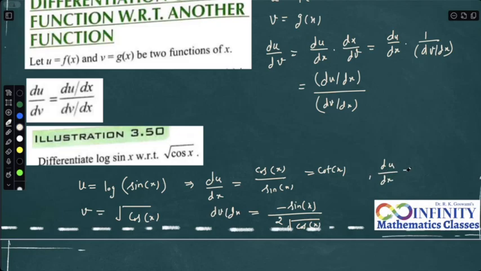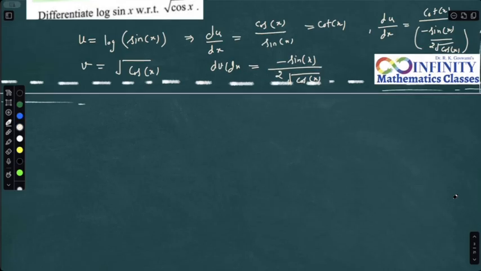It is a straightforward formula. It is going to be cot x divided by negative sin x divided by 2 square root of cos x. It will not take you hardly 30 seconds. You will be able to get the answers.